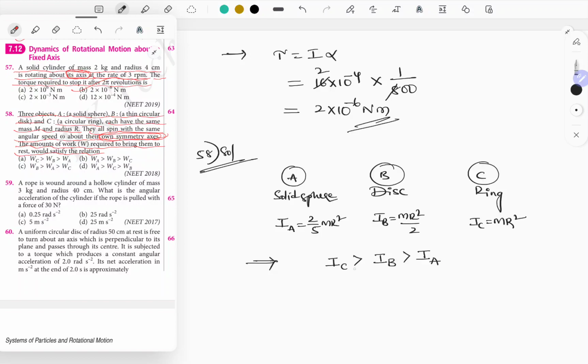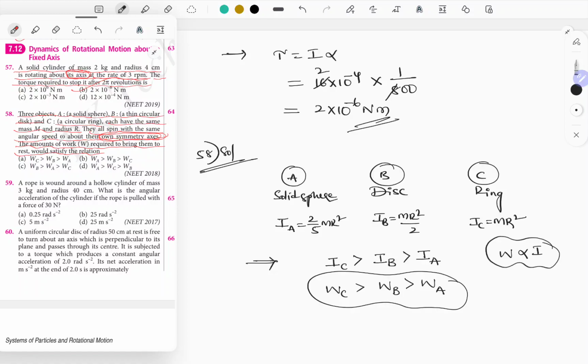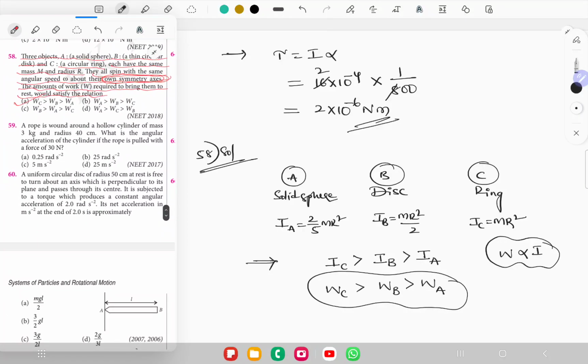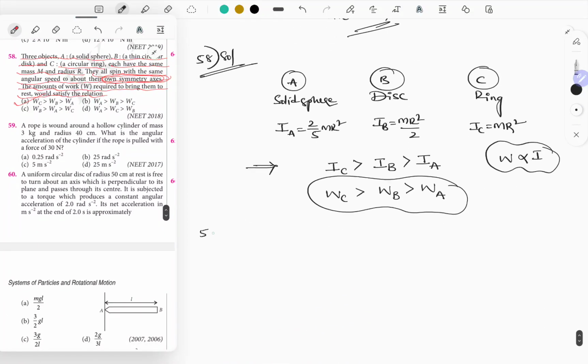Then work required to stop the ring is greater than work required to stop the disk, which is greater than work required to stop the solid sphere. So observe the option here. Work required to stop the object is directly proportional to moment of inertia. Which option matches? First option itself is matching. Super. Next, question number 59.